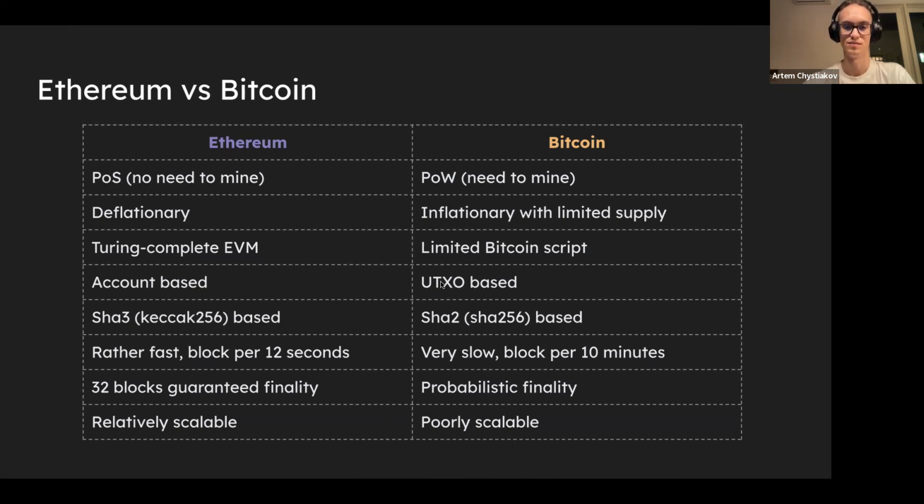So there are new opcodes added to the Bitcoin script and some concepts described and implemented, but still it is really, really hard to scale Bitcoin. Ethereum is a tiny bit better here.